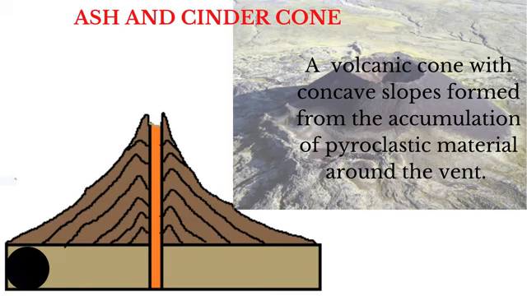Now, the lighter materials will be blown further away from the vent, while the heavier materials will accumulate around the vent. And this is what gives the cone its shape where the slopes are concave, meaning that it is steeper at the top and gentler at the bottom. This cone is generally a small cone, though it is a steep cone.